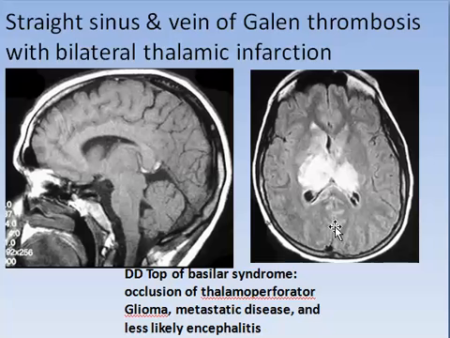Straight sinus and vein of Galen thrombosis. This is the region of the straight sinus, and this is the region of the vein of Galen with bilateral thalamic infarct. This is the bilateral thalamic infarct. So think of something along the vein of Galen showing T1 hyperintensity and the straight sinus which is not filled.